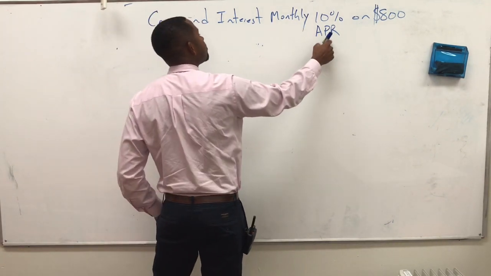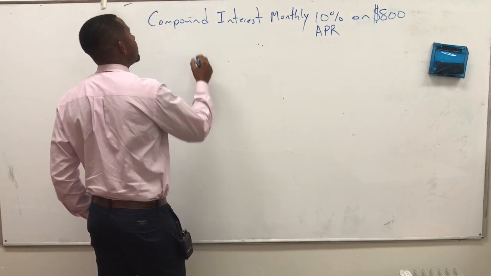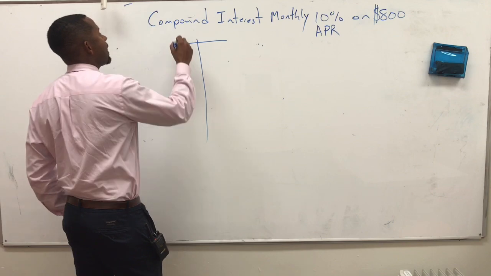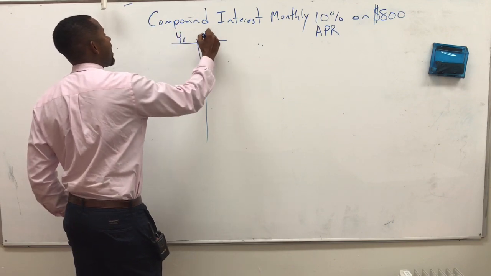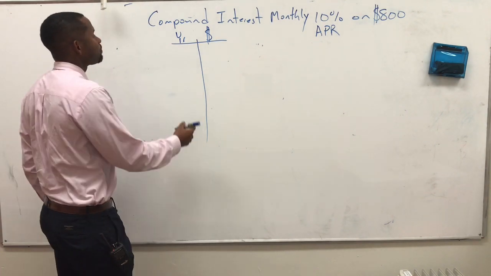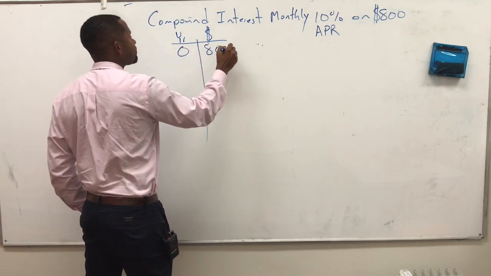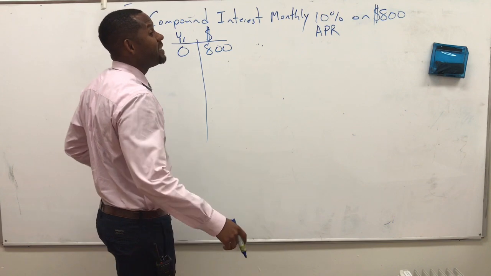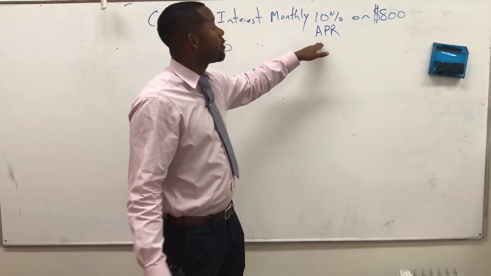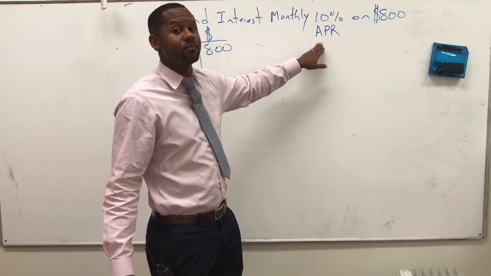So this is the one where it gets more complex, okay? So, let's see. I have my year, I have my cash. I start with 800, and now each month I have to apply an interest rate. But remember, it's not 10%.